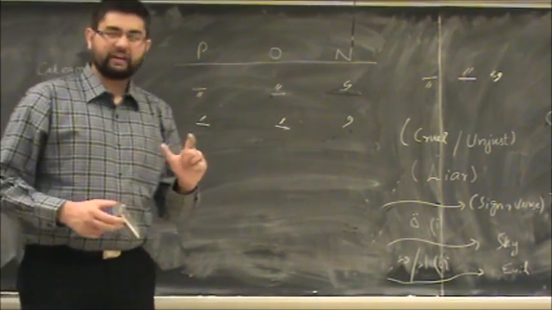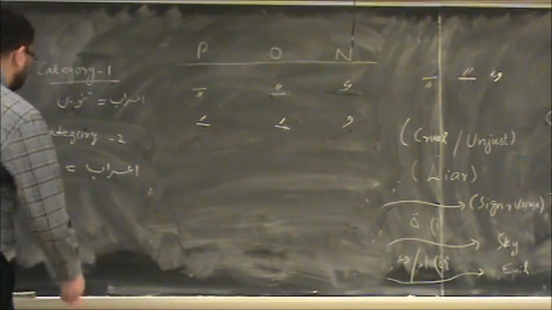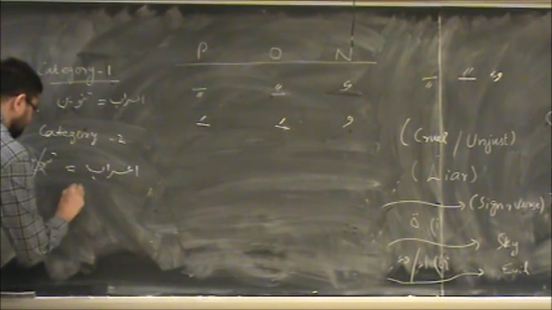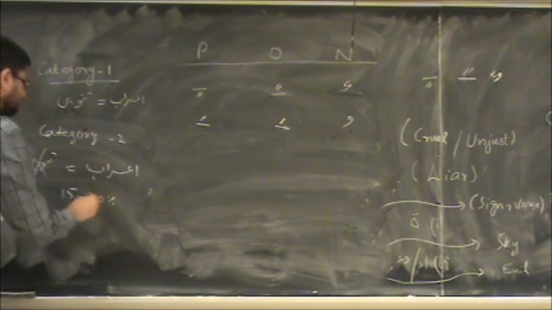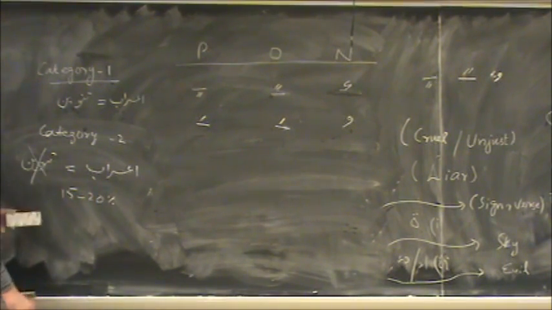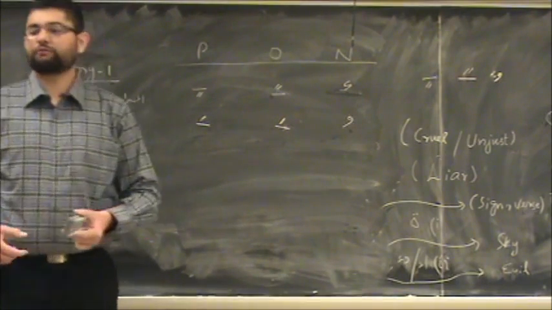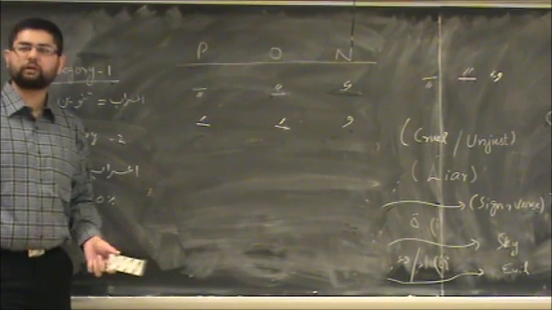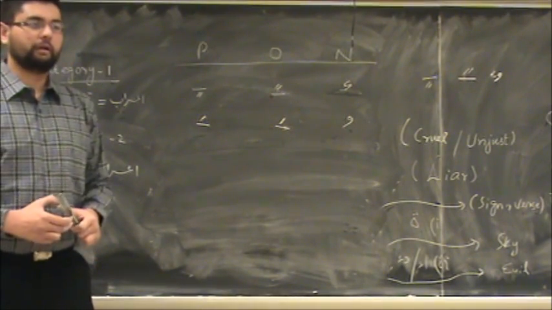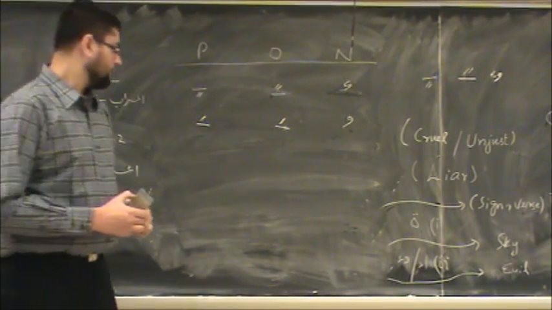And there are 15 to 20% of nouns in this category, and mostly the names of women and countries are from this category. There are some names of men also.